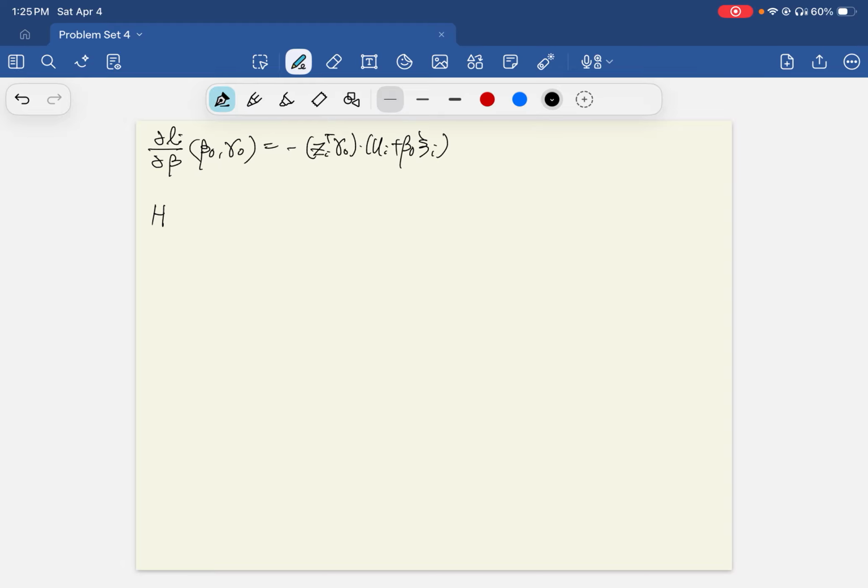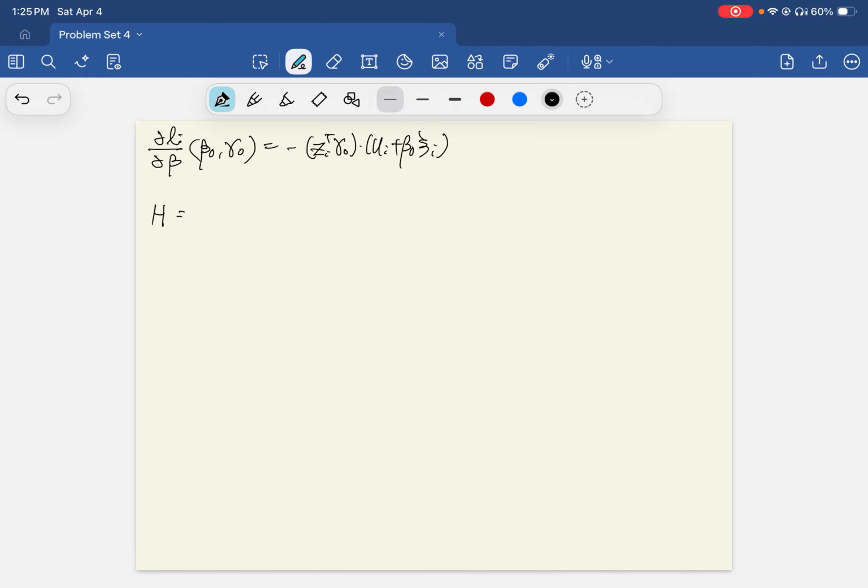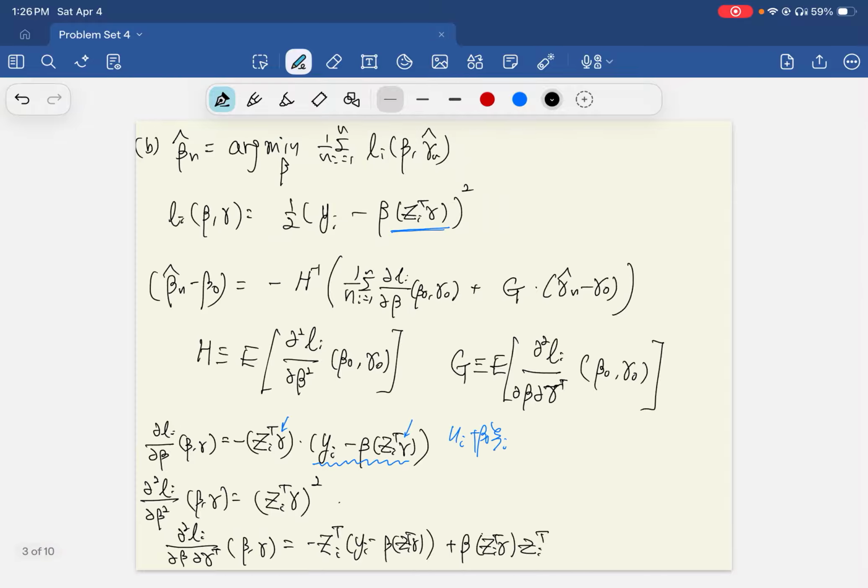Now let's think about H. H is easy, right? H is defined as the expectation of (zi transpose gamma 0) squared. And now let's think about G. I'll take expectation over here, and this much will be ui plus beta 0 psi i. If you take expectation after multiplying with z, this term will go away.